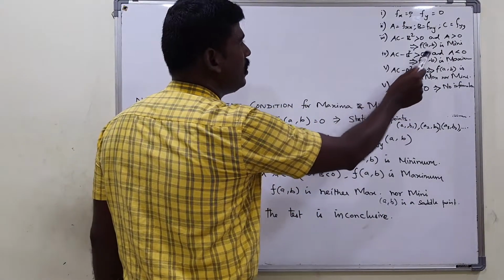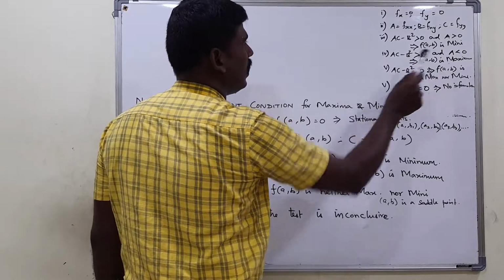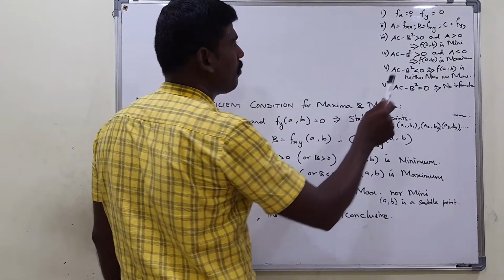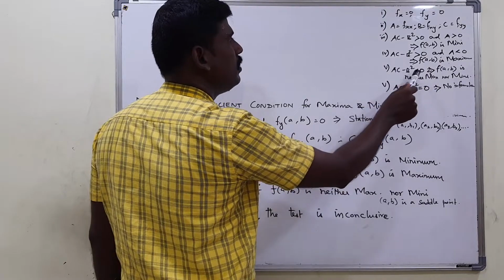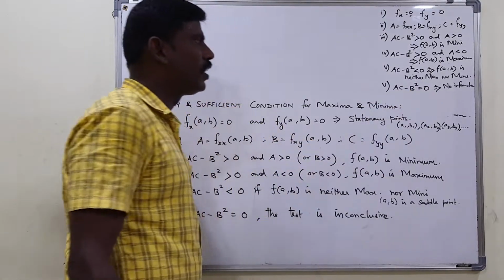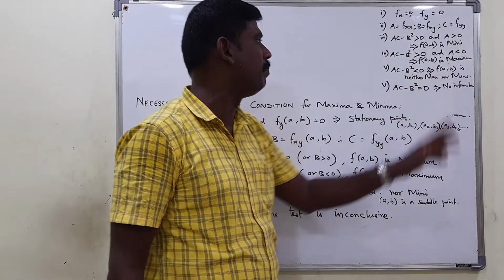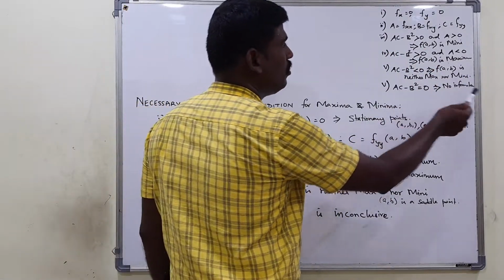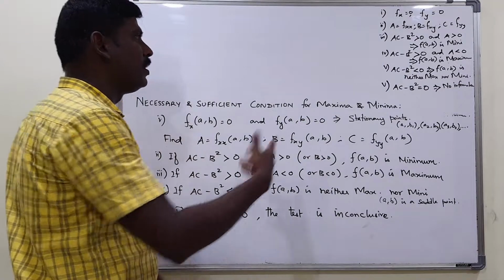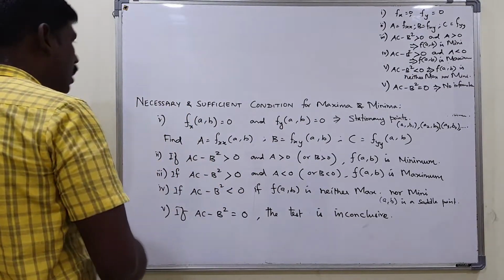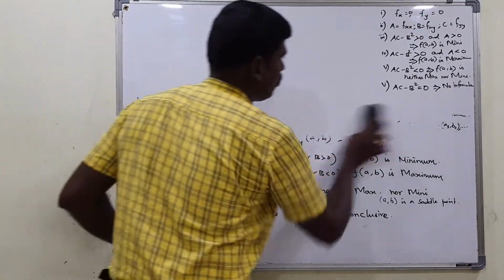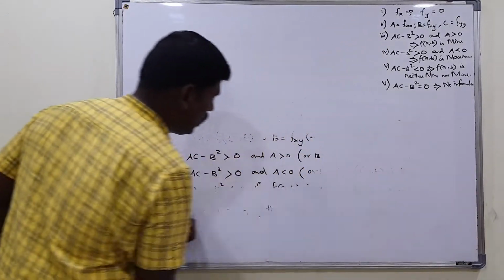If AC minus B square is greater than 0 and A is less than 0, then f of A comma B is maximum. If AC minus B square is less than 0, then f of A comma B is neither maximum nor minimum. That means saddle point. A comma B is called a saddle point. If AC minus B square is equal to 0, then the test shows no information about maxima or minima. Now let us directly go to the problems based on maxima and minima.